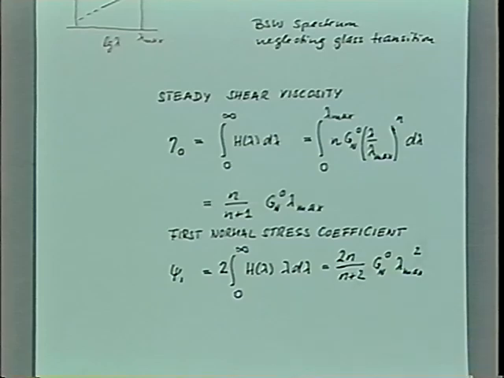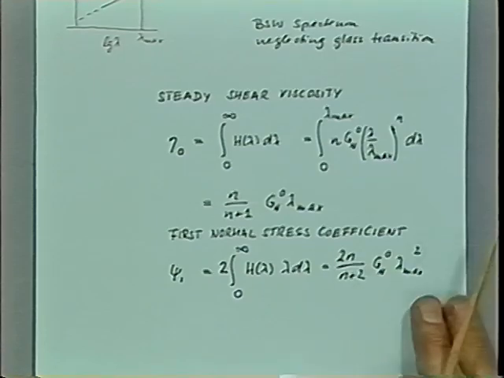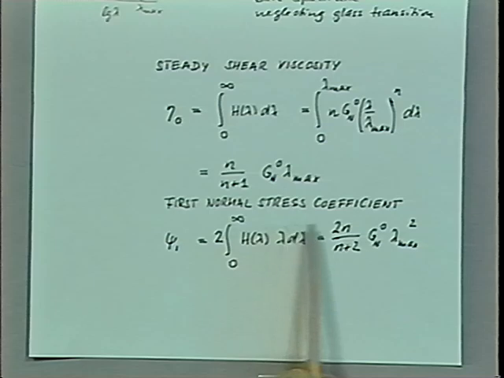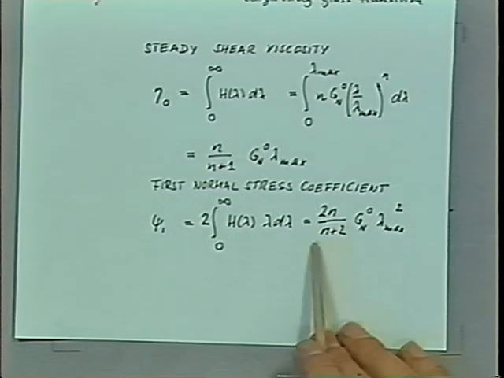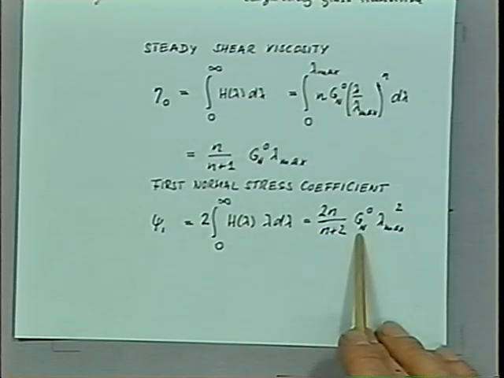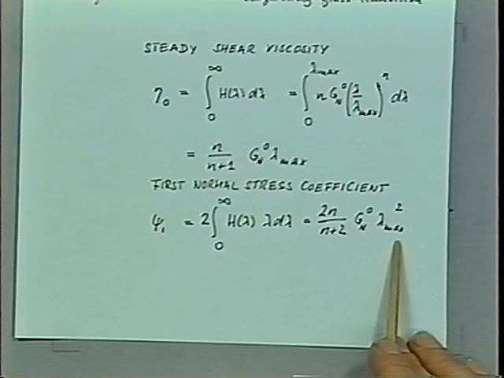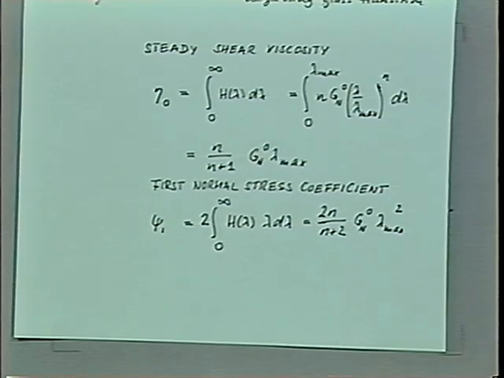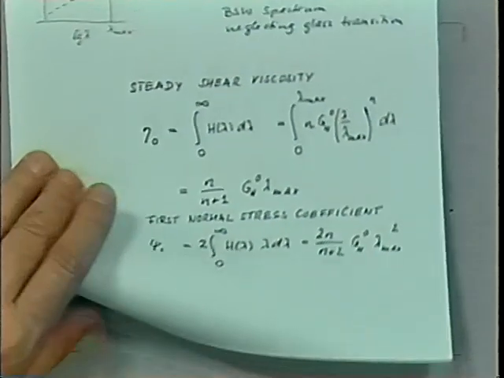And now, to expand our knowledge, we can calculate the first normal stress coefficient for steady shear flow for this monodispersed polymer, and this is given by twice this spectrum, and we integrate this as 2n over n plus 2 times the plateau modulus times lambda max squared. So we have an analytical solution for the elastic contribution for the monodispersed polymeric material.